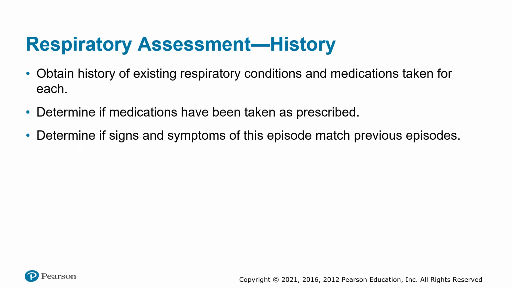So if you've got a patient with difficulty breathing and you ask them, hey, does this feel like it has in previous times where you've gone to the hospital? And they say yes, then hey, that's probably what we've got going on. Or they say no, this is different, then we've got to do a little bit more investigating.